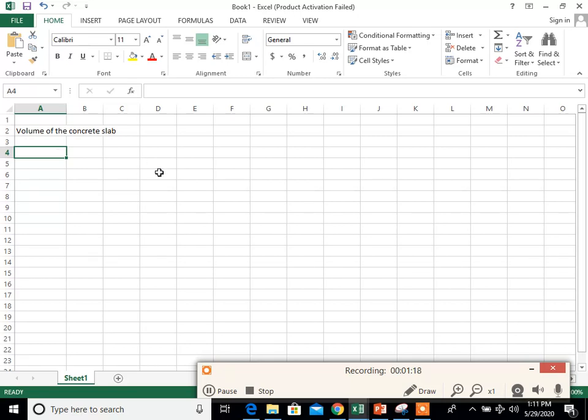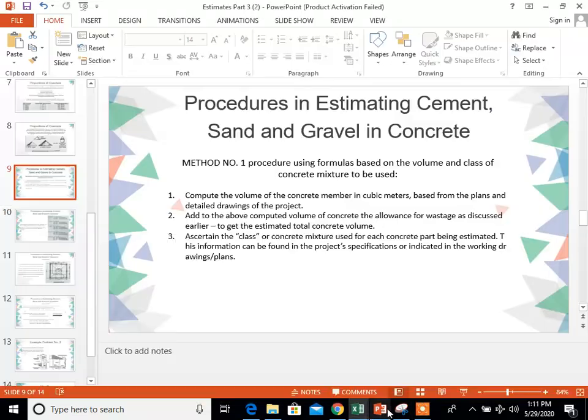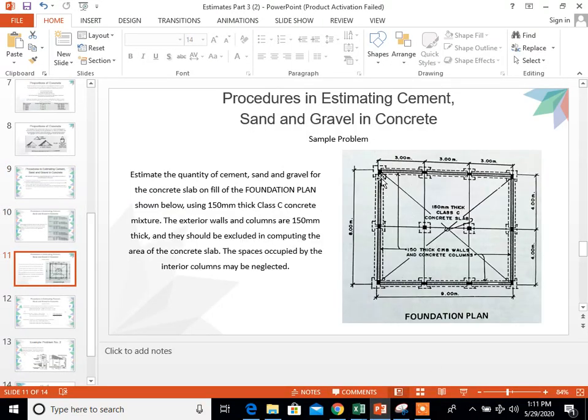To determine the length of the concrete slab, as you can see in the figure, the total length for the x-axis is equivalent to 9 meters. If we exclude the thickness of the wall, it means we will subtract 150 millimeters.